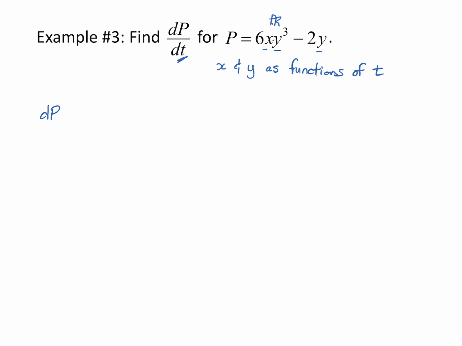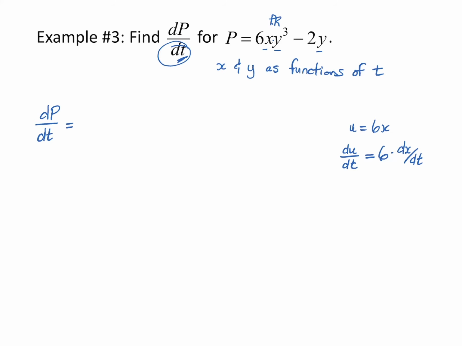So dp by dt is going to equal, and I'll write off to the side, I'll use u and v to represent our two functions. So u will be 6x. Then du by, not dx but dt, because we are differentiating again with respect to t, is equal to 6 times the derivative of x with respect to t, which is not 1, but 1 times dx by dt.